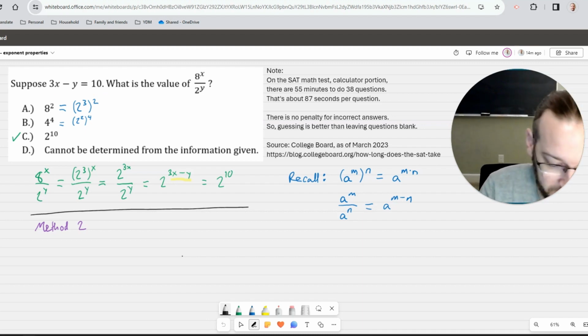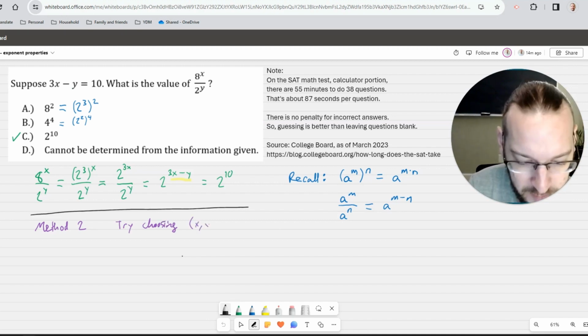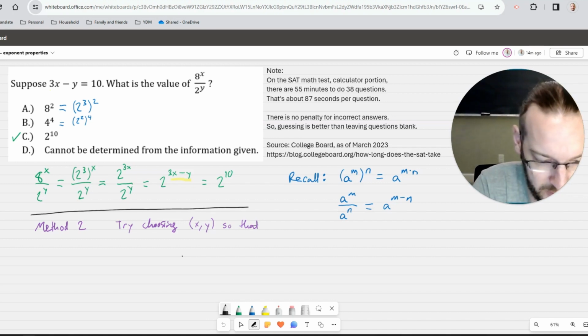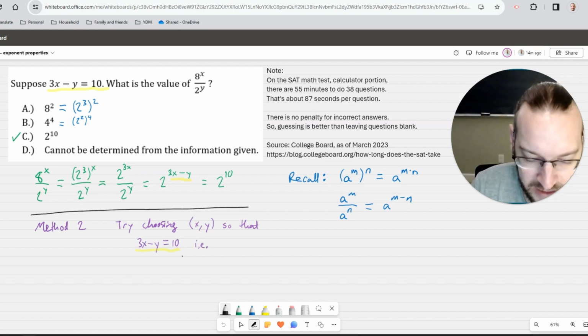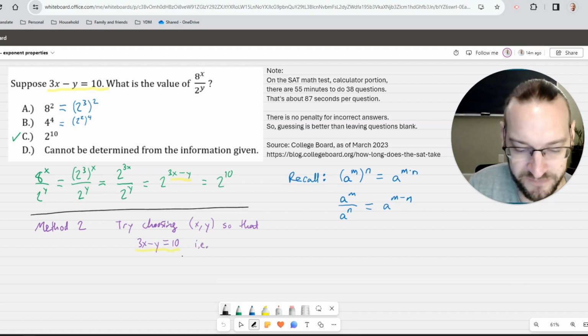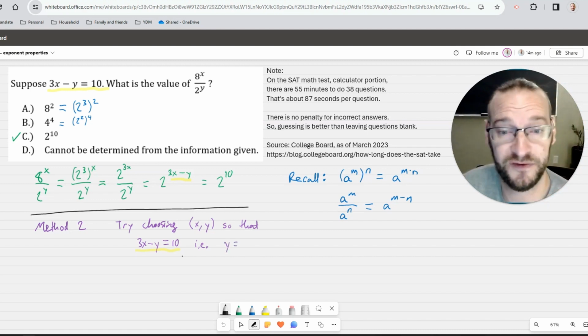So let's try choosing an x-y pair, a pair of numbers x and y, so that the given condition up here is true, so that 3x minus y is indeed equal to 10. Maybe a more convenient way to write that would be to rearrange this a little bit, move the y to the other side and the 10 to the other side.